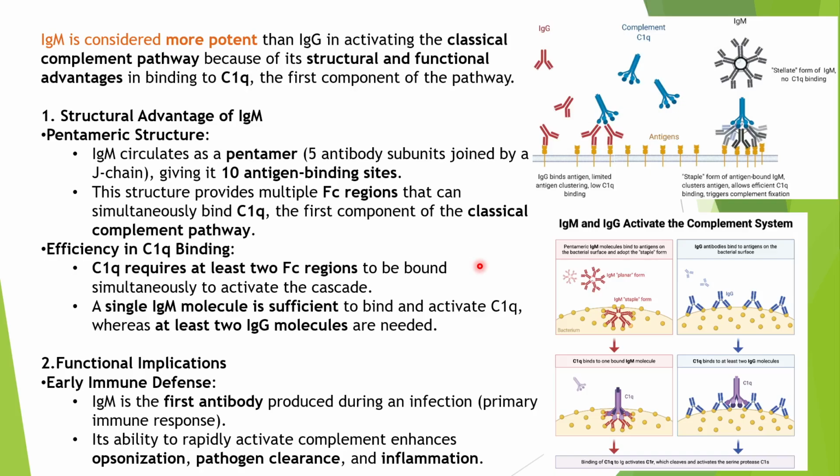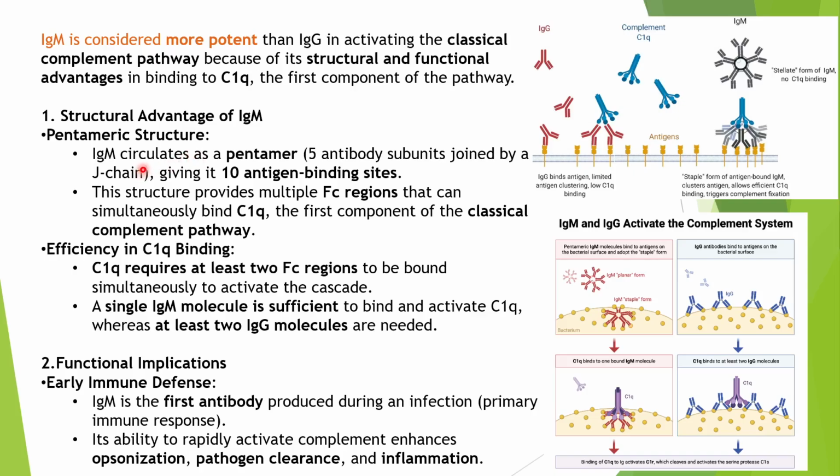So next is IgM. Why is IgM considered more potent than IgG? Previously we discussed it. So IgM is more potent than IgG in activating the classical complement pathway because of its structural and functional advantage in binding to the C1q component of the classical pathway.